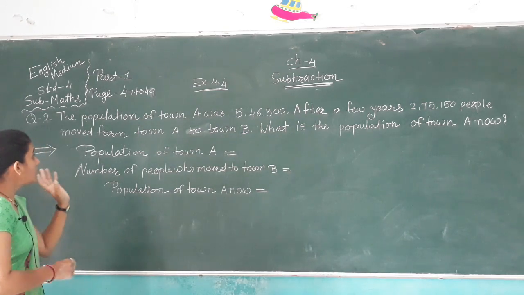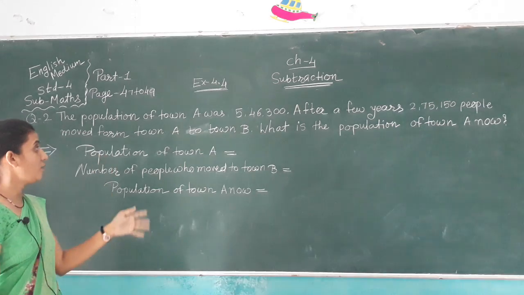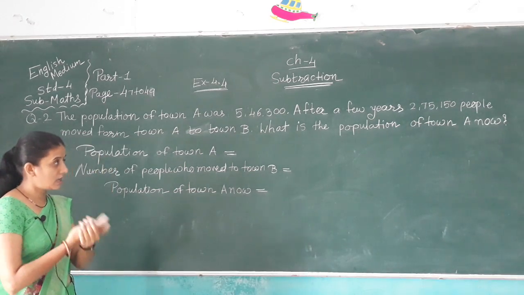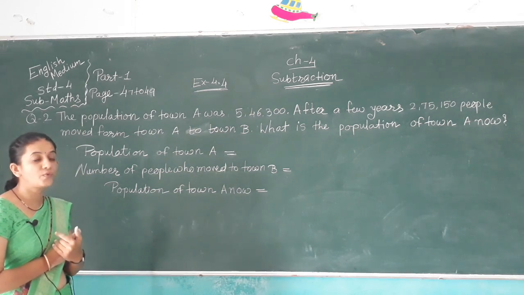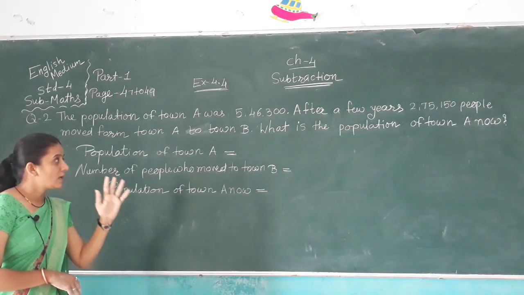Here, what was town A? The population of town A was 5,46,300. After a few years, 2,75,150 people moved from town A to town B.